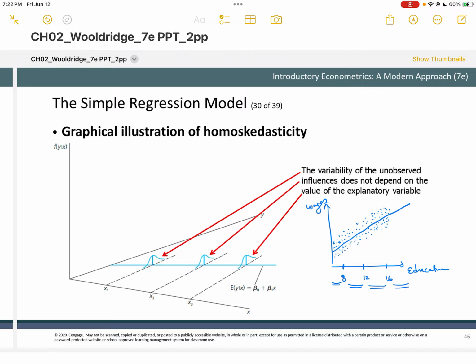To display homoscedasticity, we are saying that if you take this slice of the data and that slice of the data, the variability is almost the same.